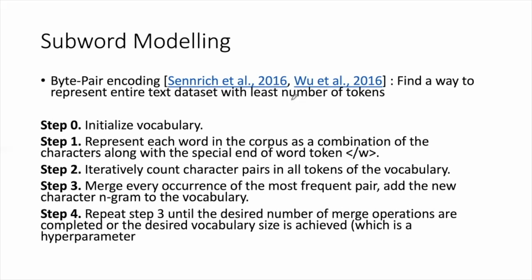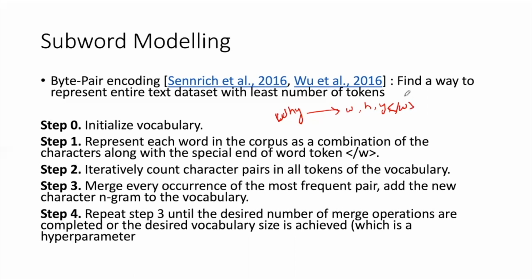So for example, let's say you have a word called "why". We represent this word in terms of the characters or subwords which we have in the vocabulary. Initially, since our vocabulary contains only characters, the word "why" is considered as w, h, y, and along with it we also append an end token.